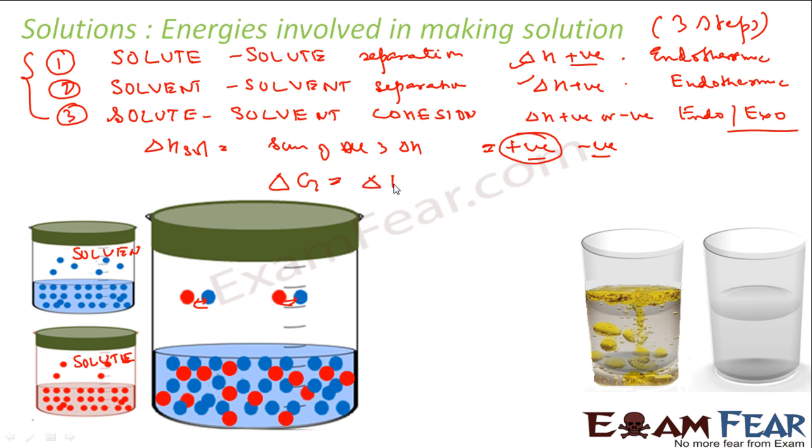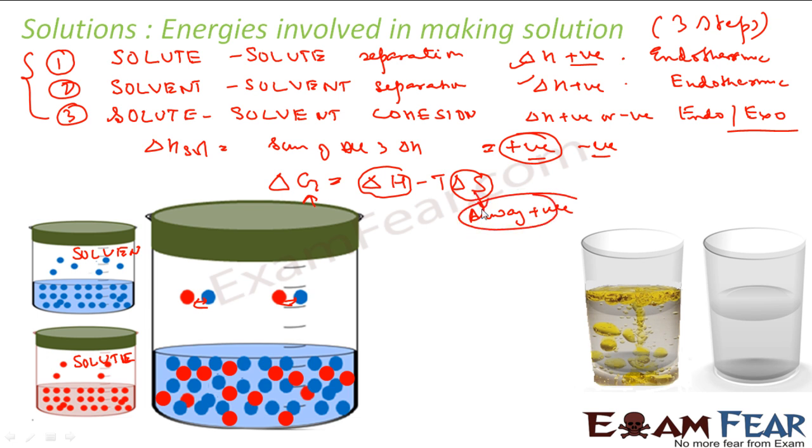It is nothing but delta H minus T delta S. So even if this delta H is positive, it is possible that delta G is negative. How? Because delta S is the entropy change, and entropy change is always positive. When you make a solution, delta S is always positive. Why? Because we are increasing the entropy of the system. We are increasing the disorderliness of the system, right?